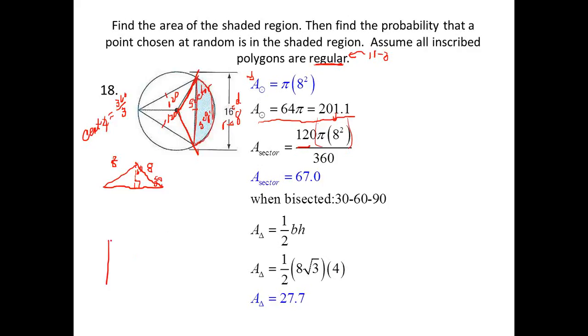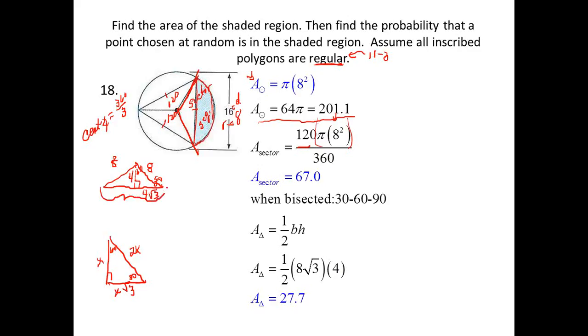And as a review, a 30, 60, 90 triangle: this is x, this is 2x, this is x square roots of 3. So if I'm looking at this, 8 is my radius. Cut it down, so the apothem is 4. And this would be 4 square roots of 3.